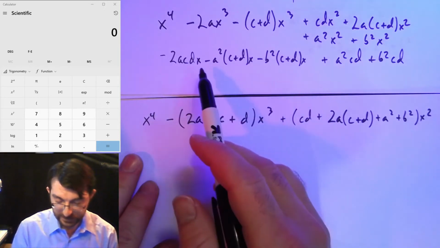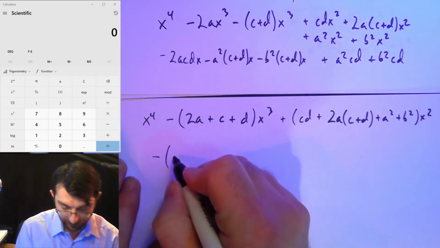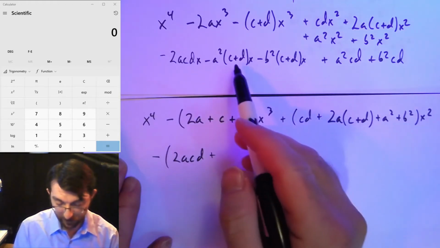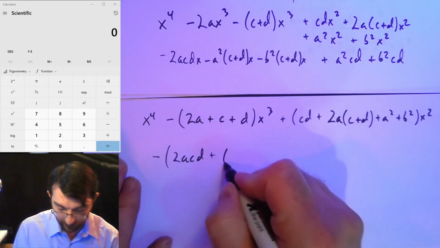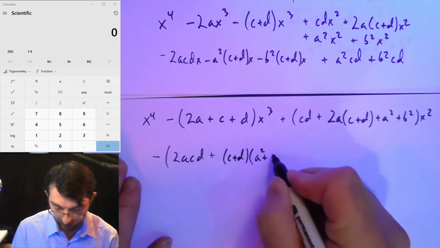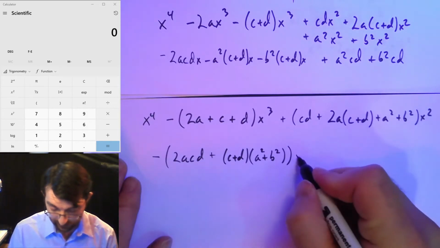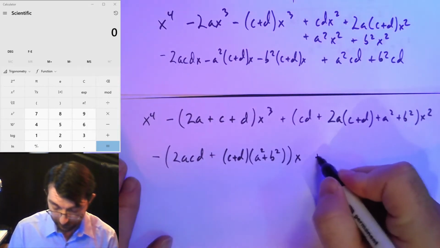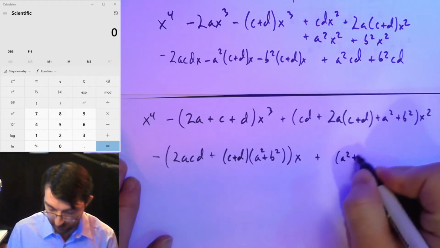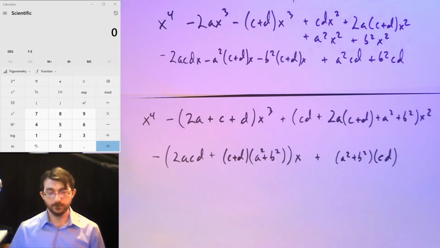If I were to take these x terms, factor out the x, that would be minus 2acd plus, and now again I can factor out c plus d of a squared plus b squared x, plus and then that's just a squared plus b squared cd.